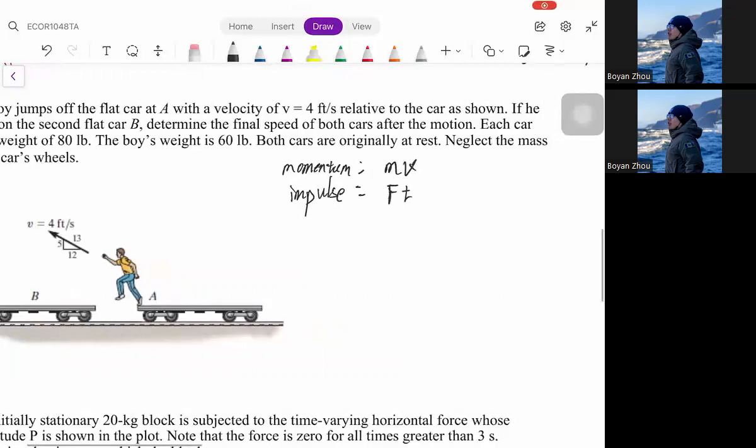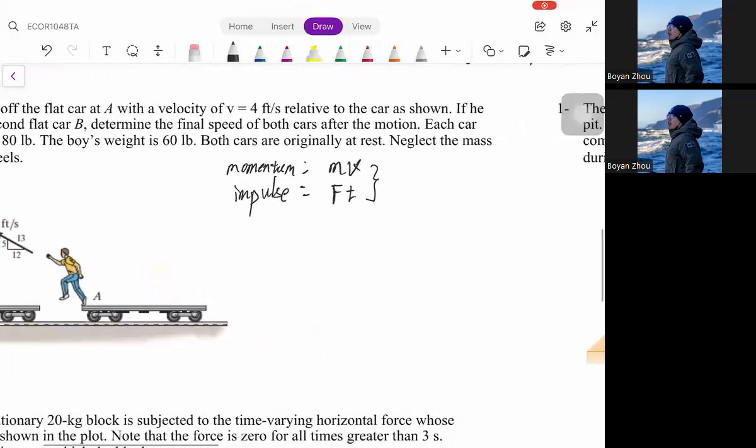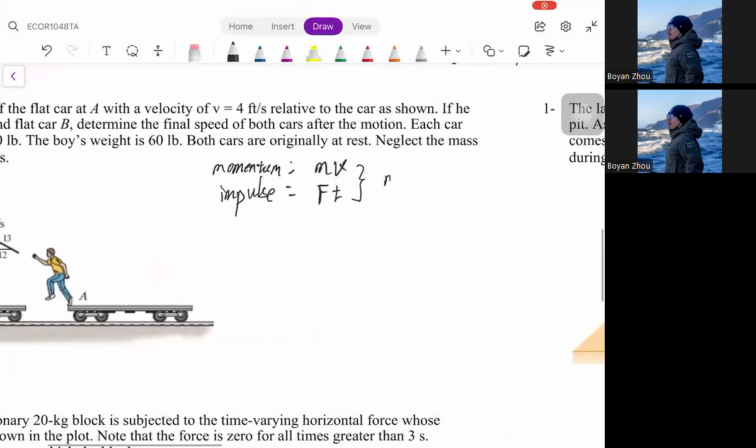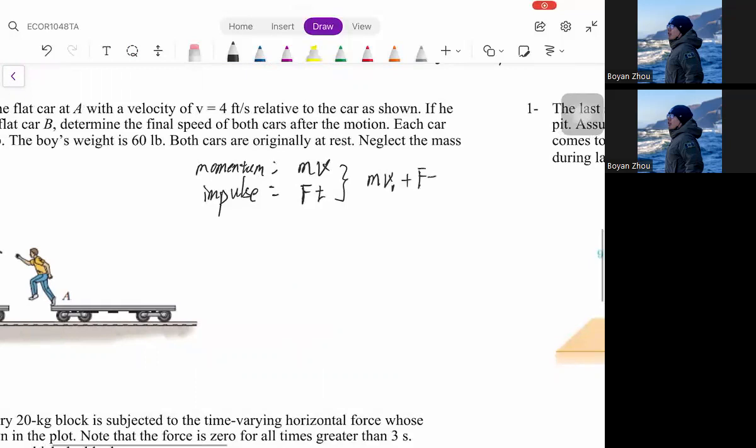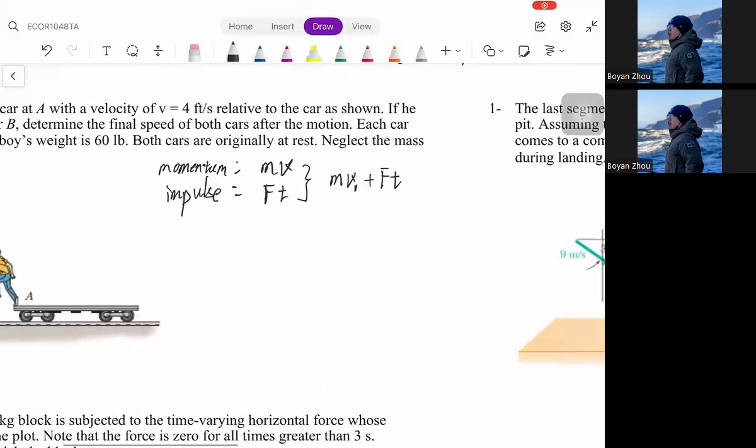So the conservation of impulse and momentum says the momentum at the first moment plus the impulse at the first moment equals the momentum at the second moment plus the impulse at the second moment. That is just the basic principle equation.